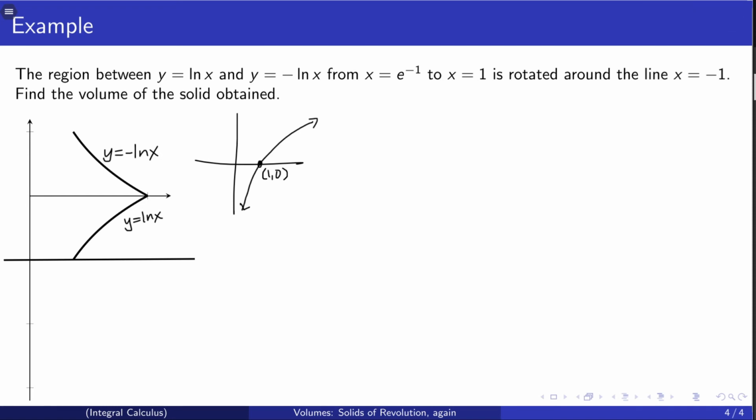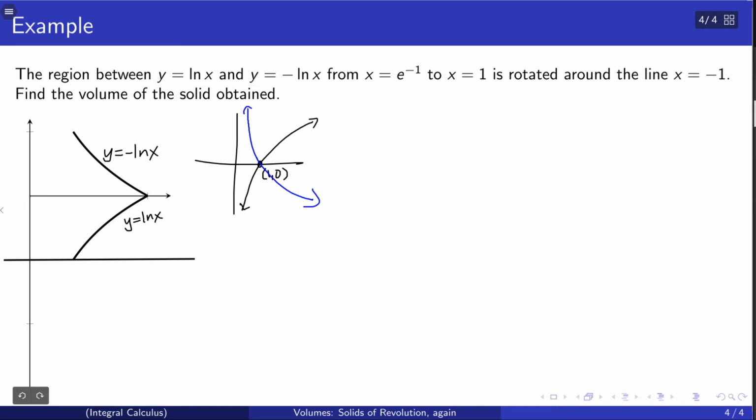So the negative of ln x is going to be the same function, just reflected across the x-axis, right? That's what the negative sign does to a function. It flips it across the x-axis. So that's why we get the negative here, and this is the original ln x function, right?